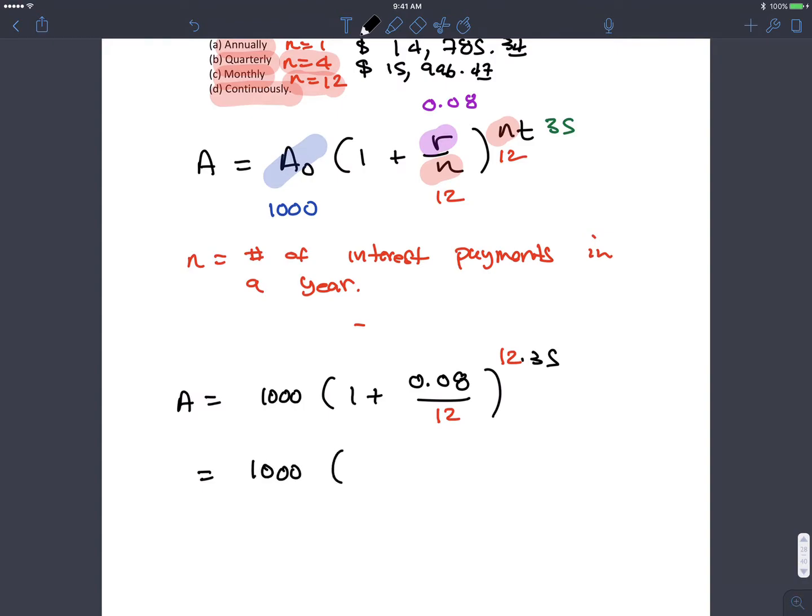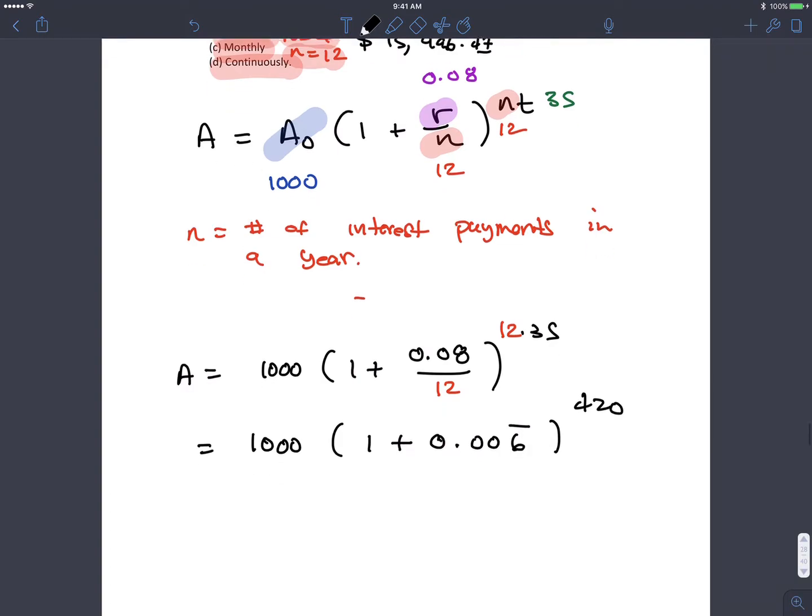I'll get 1,000 times (1 plus 0.08 divided by 12), which is actually 0.006 with that line. 12 times 35 gives you 420.